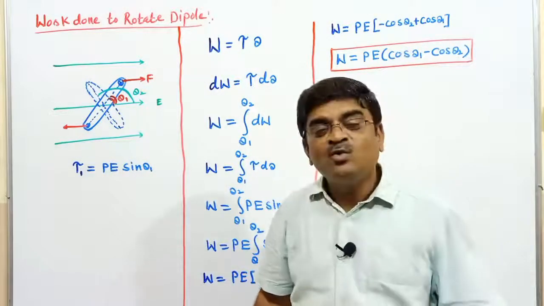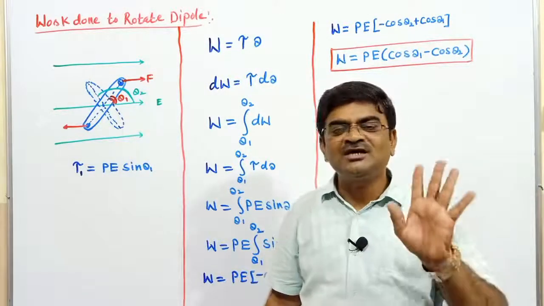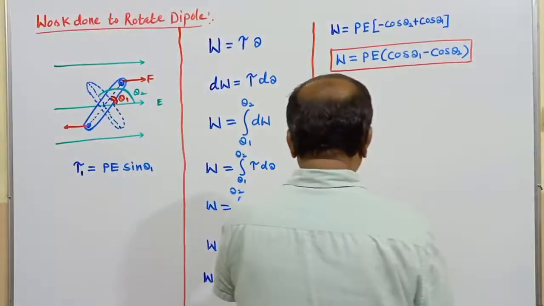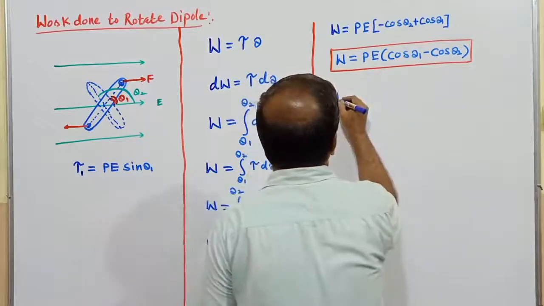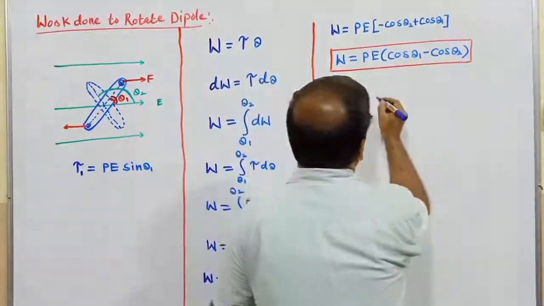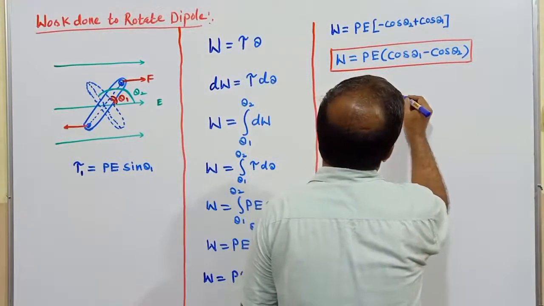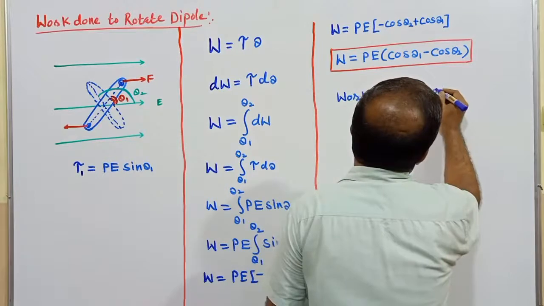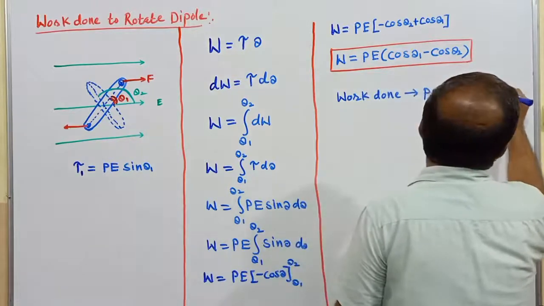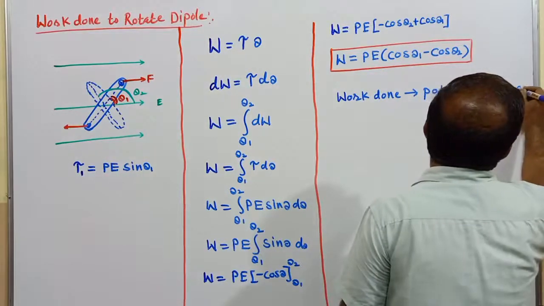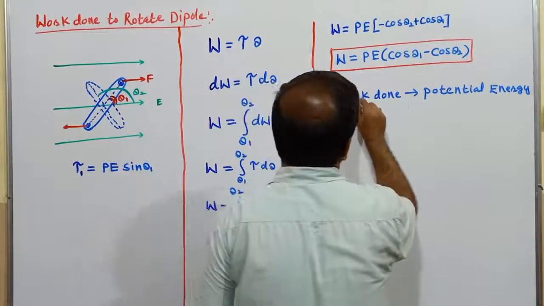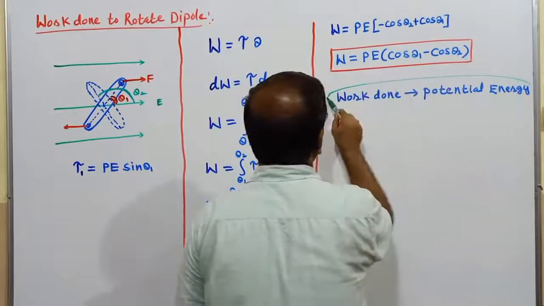Whatever work is done to rotate a dipole in an electric field will be stored as potential energy. Very important. Work done to rotate the dipole will be stored as potential energy.